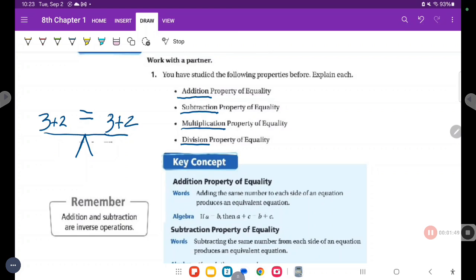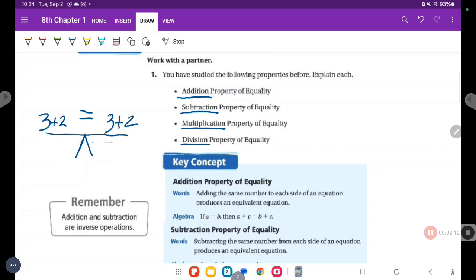So that's the idea behind addition property. If you add something to one side, you have to add it to the other side. Same thing with subtraction. If I were to subtract something from one side, to keep it balanced, you have to subtract the same thing from the other. Same with multiplication, same with division.